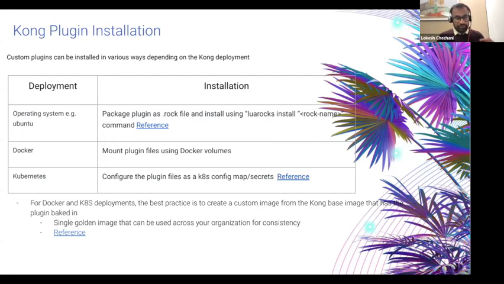Otherwise, if you create, for example, a config map, it will be very hard to say which version of the plugin goes with which version of Kong I'm delivering. Also, from the container perspective, all the executable code should be inside the container, not outside of it. So that's where it's better to create a custom image.